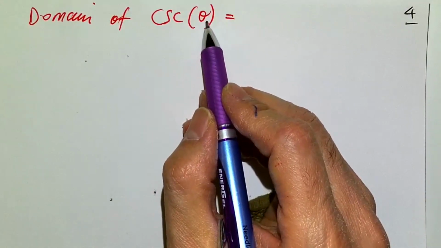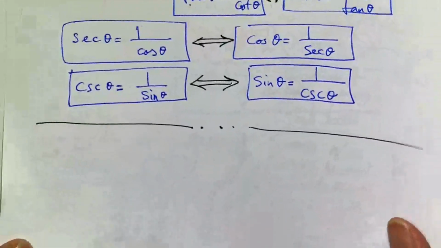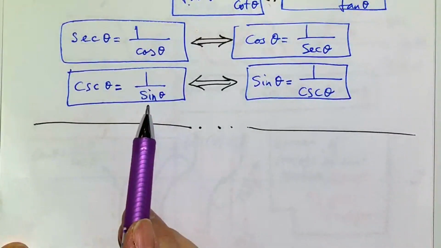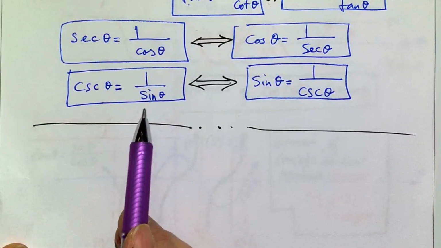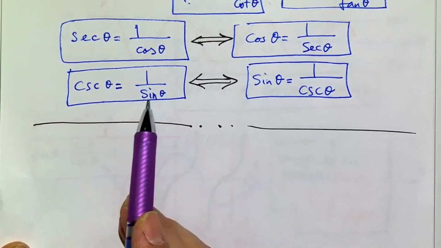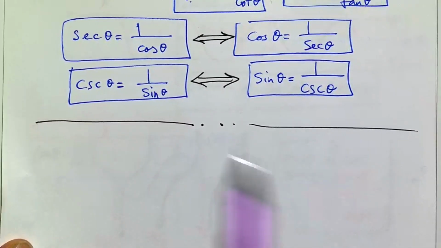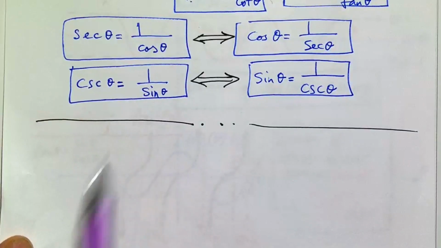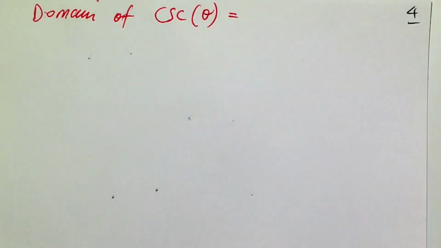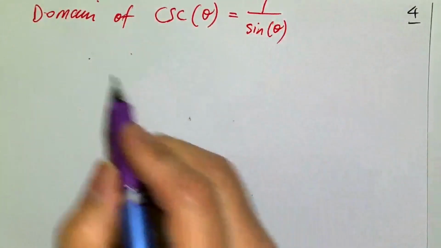Should I bring the first page to remind you, or do you already remember it? Do you remember it? That would be fantastic. The cosecant function is the reciprocal of the sine function. So that's very important, right? By now you know that, because whenever sine of theta is equal to 0, then we're going to have those vertical asymptotes, because the cosecant of theta cannot go through those points. So that's why those formulas are very important.